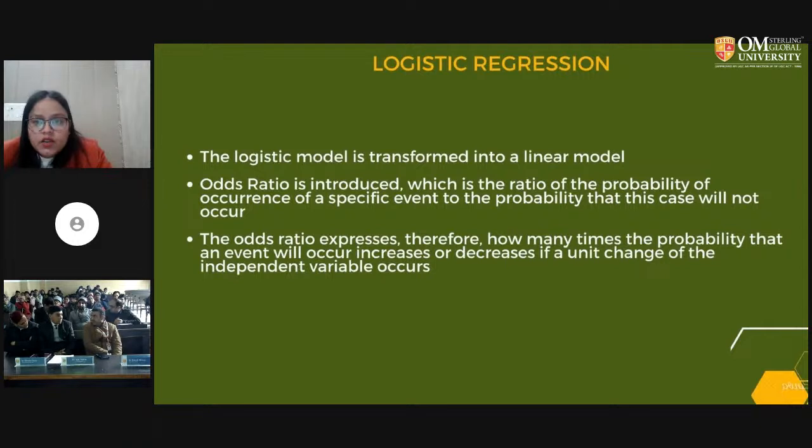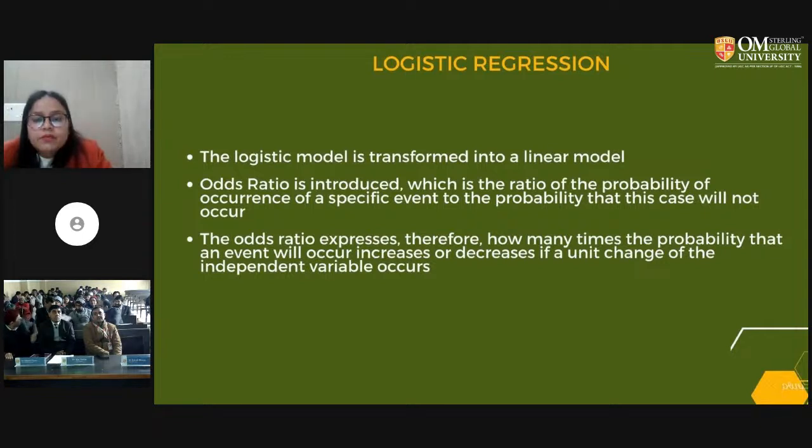Now, in logistic regression, here is the concept of odds ratio, which is basically the ratio of the probability of occurrence of a specific event to the probability that this case will not occur. I'm going to discuss in the next slide what can be an example where you can apply logistic regression.